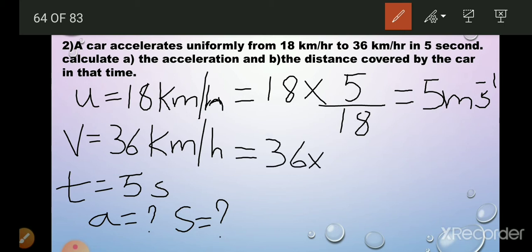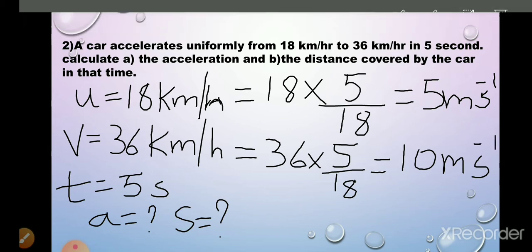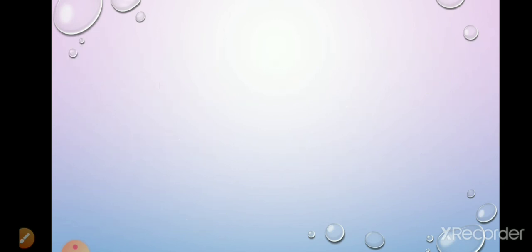If you multiply 36 into 5 by 18, you are going to get 10 meter per second, because 18 ones are 18, twos are 10.